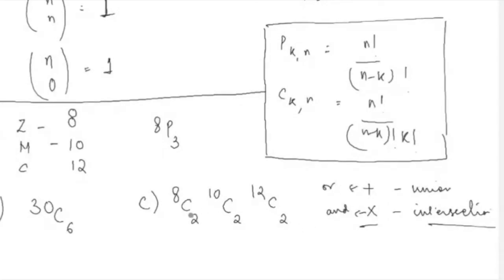So if here it were 2 from one category or 2 from another category or 2 from the third category, then you would have added. Here there would be a plus sign between these combinations, but because we are saying that we want 2 from the first category and 2 from the second category and 2 from the third category, we'll be using product. So 8C2 into 10C2 into 12C2.